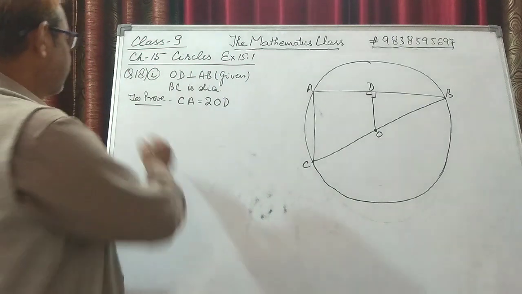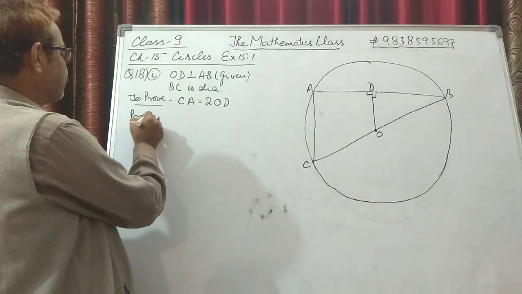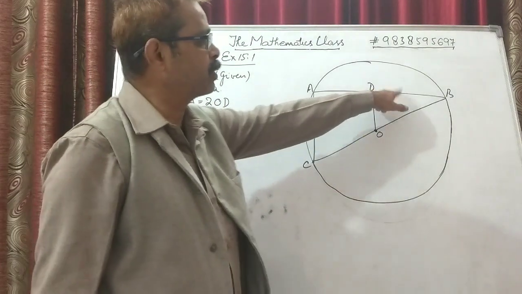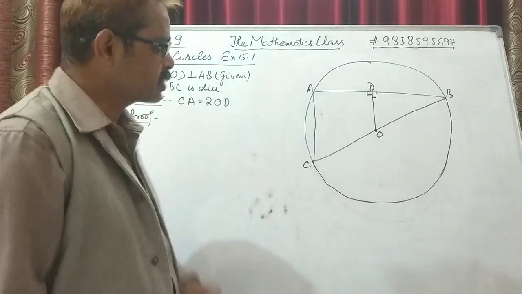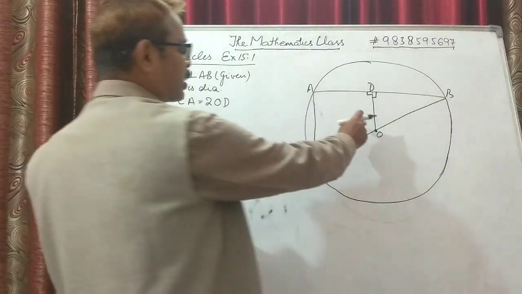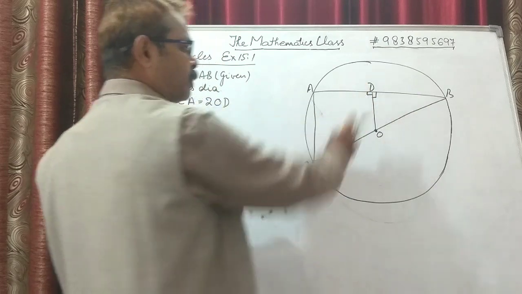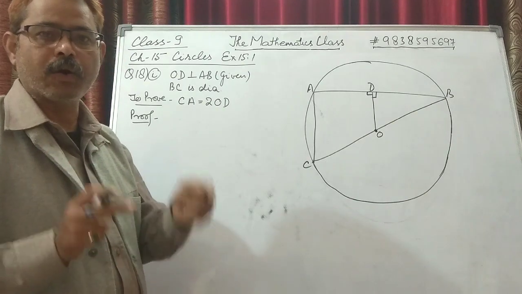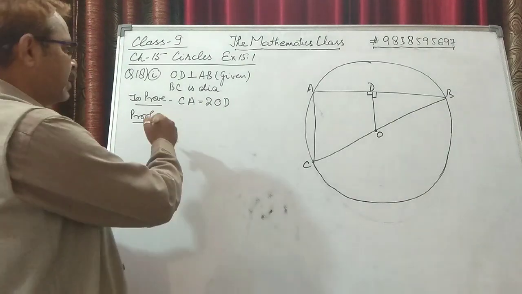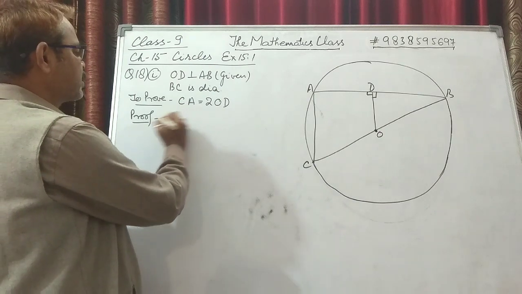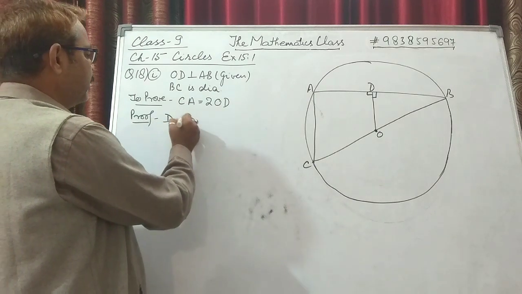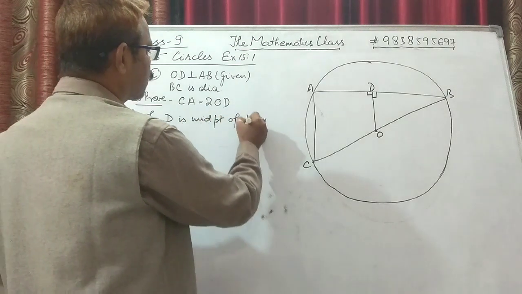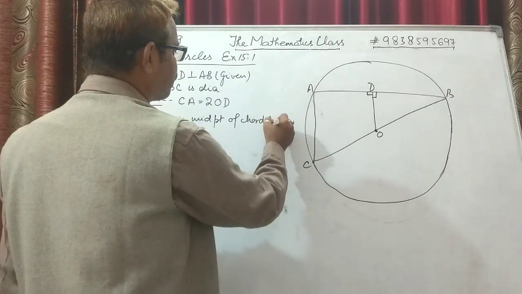Now, first point, we will start with the proof. They say that OD is perpendicular to AB and O is the center of the circle. It means OD is a line which is perpendicular on the chord AB. If it is perpendicular on the chord AB, it means that it divides the chord AB into 2 equal parts. It implies that D is the midpoint of chord AB.